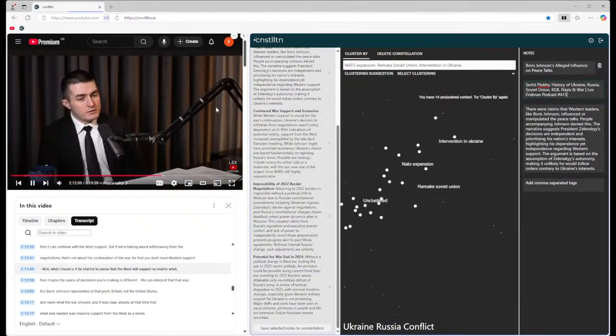Well, what I mean is, so his argument is Boris Johnson had no influence on peace talks because Zelensky acts independently.